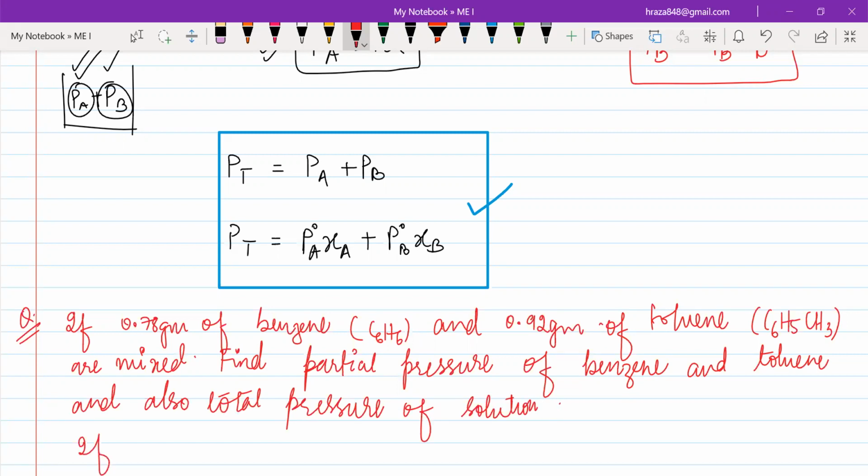If pure vapor pressure of benzene is equal to 400 mmHg, and pure vapor pressure of toluene, a small t stands for toluene, is equal to 200 mmHg. Now, please do it.